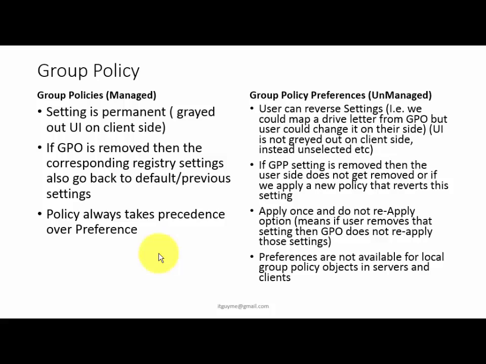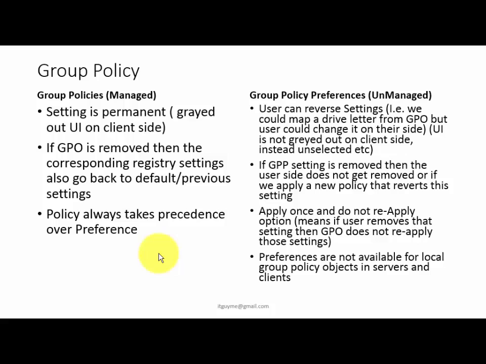But with preference, is the user able to remove the setting? It means that if the user removes the setting, then the GPO does not reapply. So if the user removes the setting, say you applied that folder redirection, and the user removes it, saying I don't want my folder to be redirected to file server 1, I'll just change the server name to file server 2 myself.